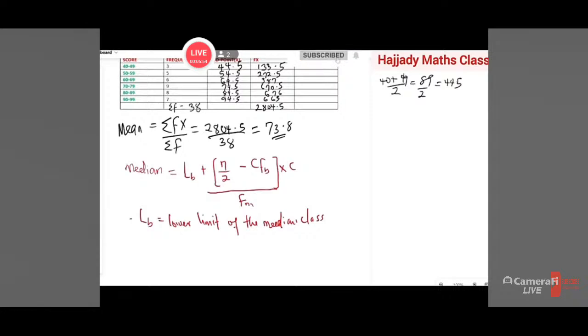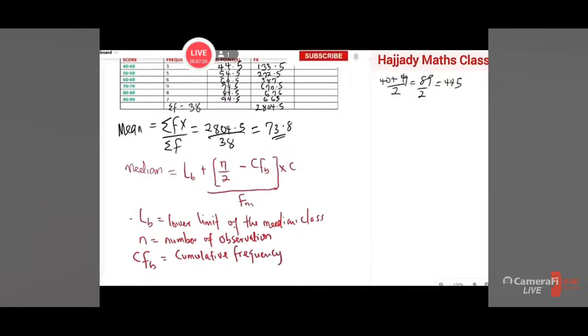And our N is the number of observation. We have our CFB to be the cumulative frequency before our median class.